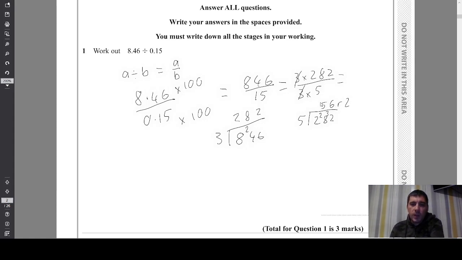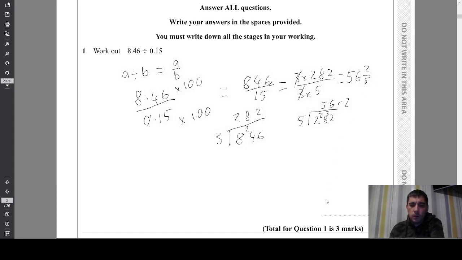So now I know that 282 over 5 is 56 and 2/5. If I wanted, I can change 2/5 into a decimal, which will be 0.4.